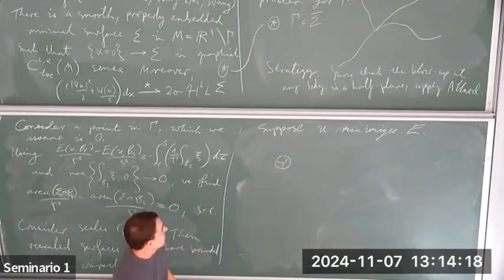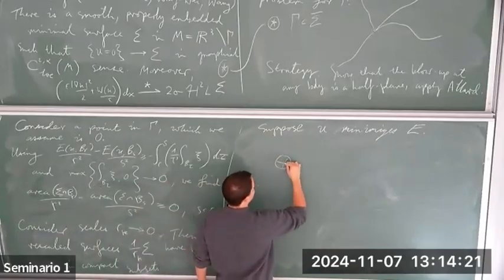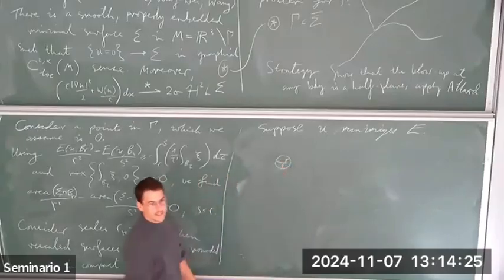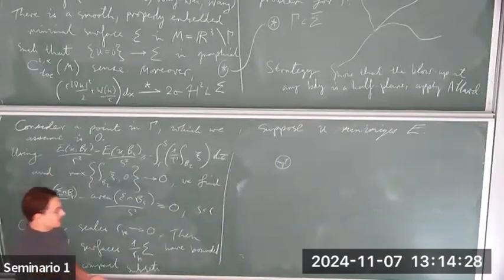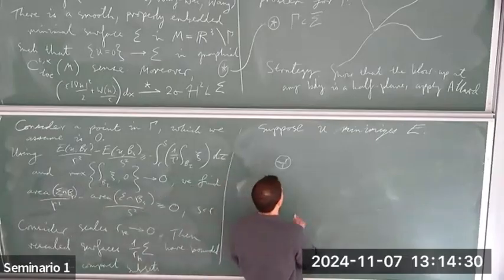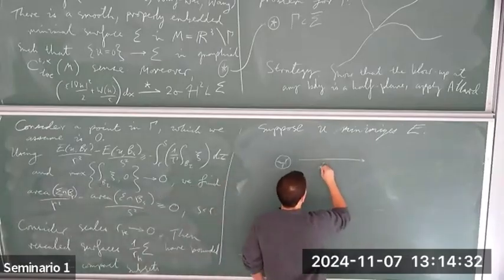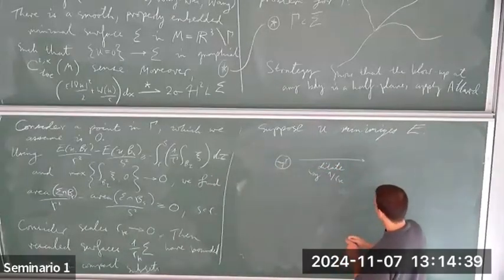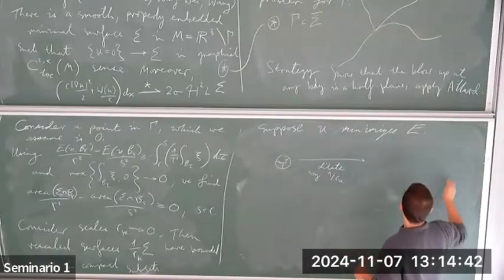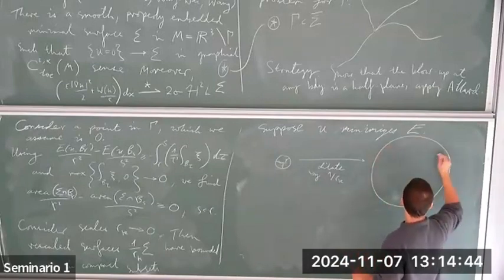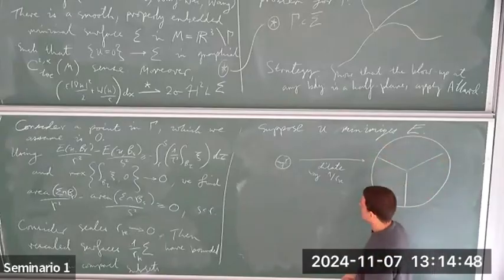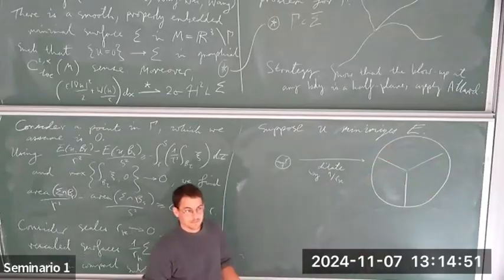So if epsilon is very small, then we should see some nodal sets which are converging nicely to sigma. Now, when I dilate, the situation is, of course, the same.